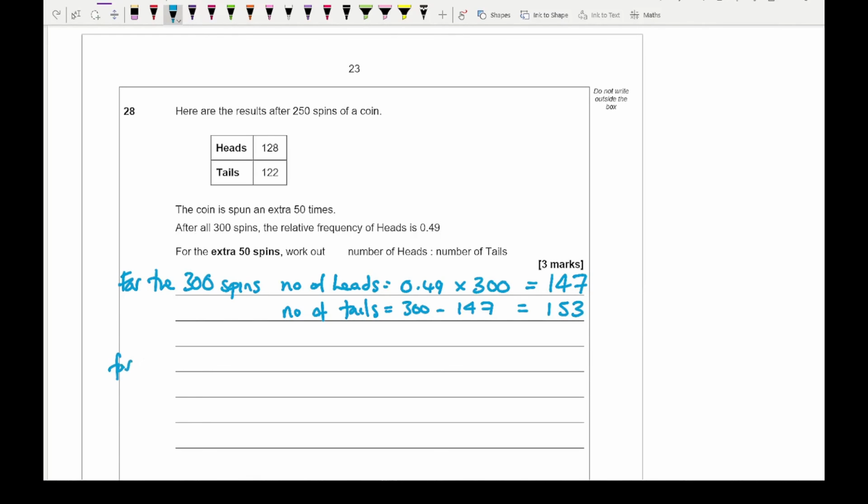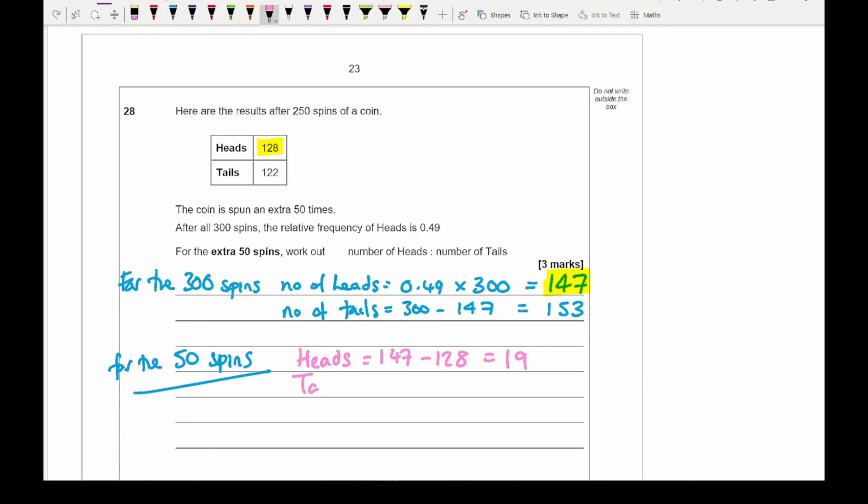So for the 50 spins, what I want to do is take away this number from the numbers that are in the table. So for heads, it's going to be 147 minus 128, which is 19.